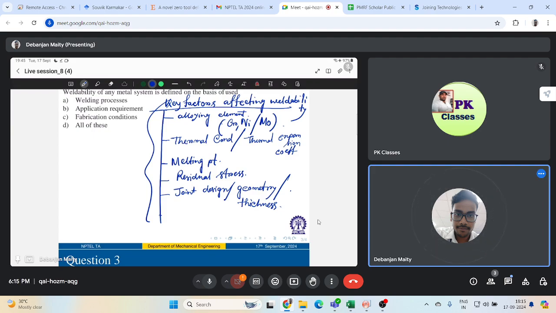And one more thing, the weldability of your structure you can classify in some other sense.